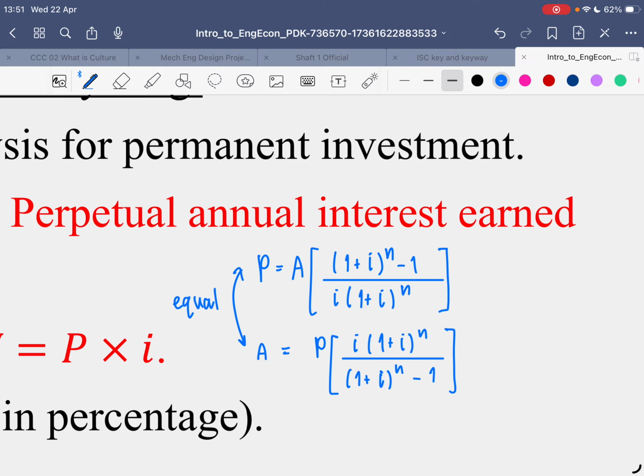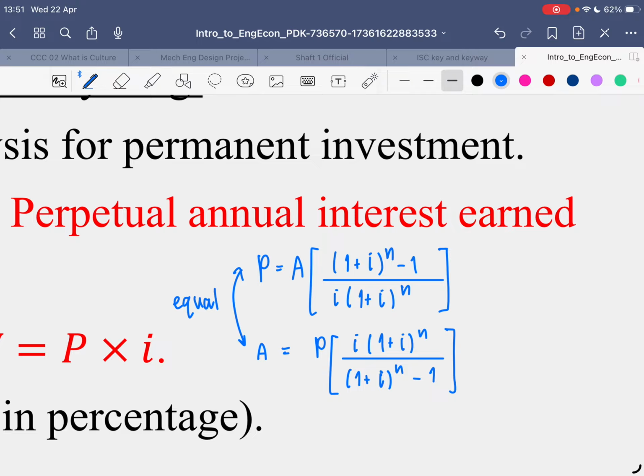And if you consider something that lasts very long, what will be affected in this formula? Basically, your n, your number of years of useful life, goes to infinity.